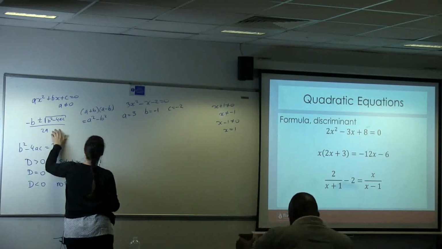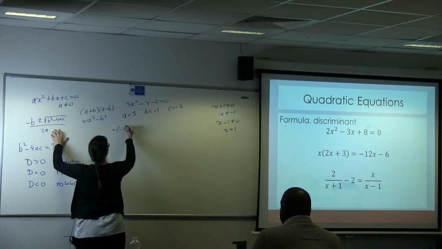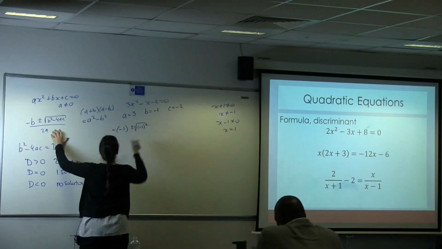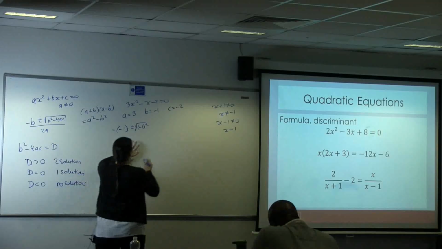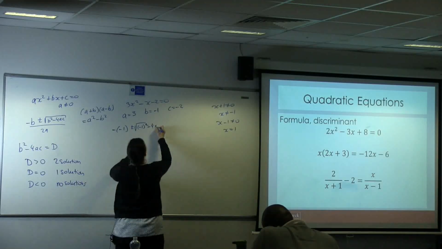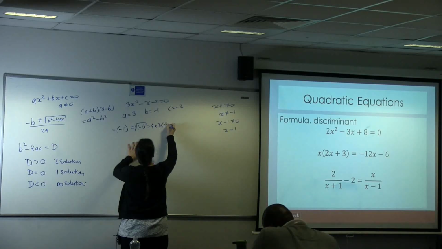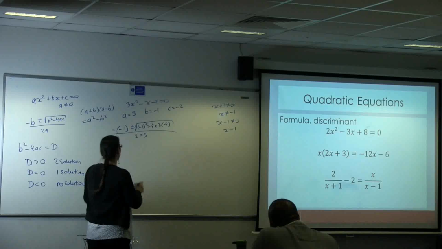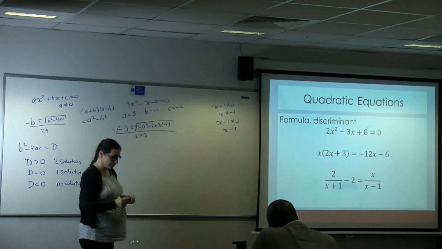Again, pick up the formula. Negative negative 1 plus minus root negative 1 squared minus 4 times 3 times negative 2, over 2 times 3. Again, pick up the calculator.